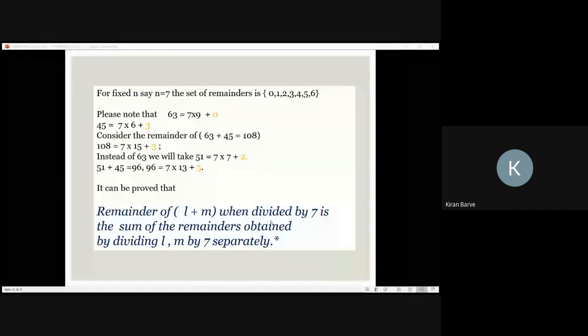But here I am getting 6 plus 5 equal to 11, and 11 is greater than 7. Then what to do? Divide that addition by 7, and you get the proper remainder. Therefore, that star is there.